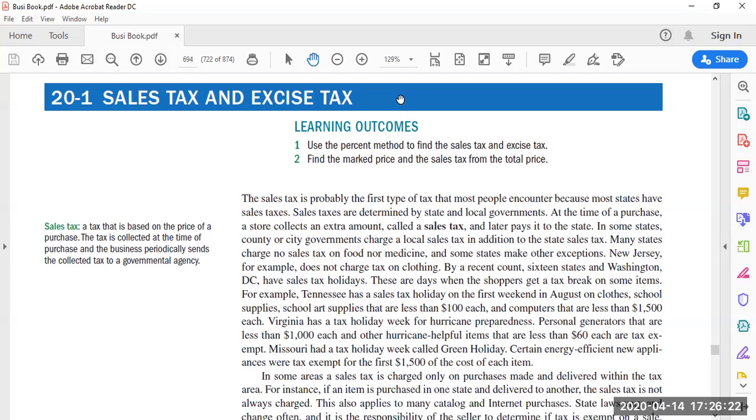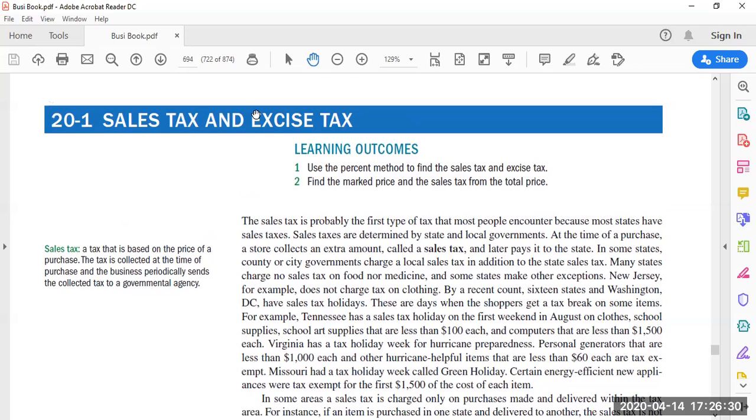Now, some states also have what's called a tax holiday. A sales tax holiday is very interesting because in some cases, it could be on a specific date, several days out of the year, and on specific items up to a certain amount.